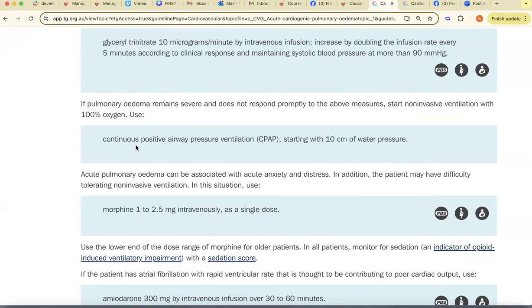If the ABG shows features of respiratory acidosis, that patient will go for non-invasive ventilation, which is CPAP. Now there is a lot to learn about these things. I'm not going into that deep. You will learn about this ABG later on in the course, but just remember that this is the step-by-step management.